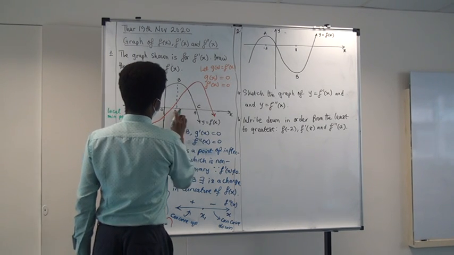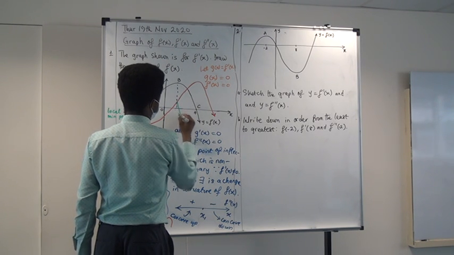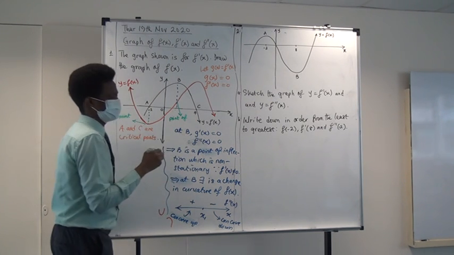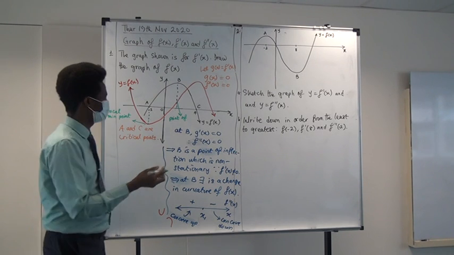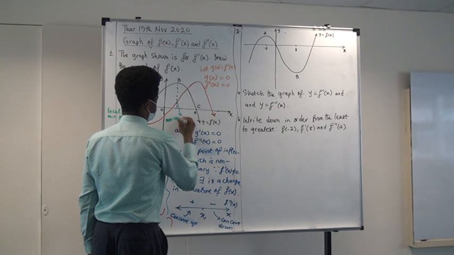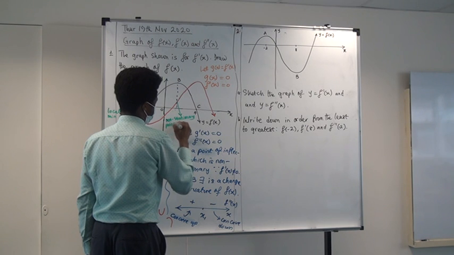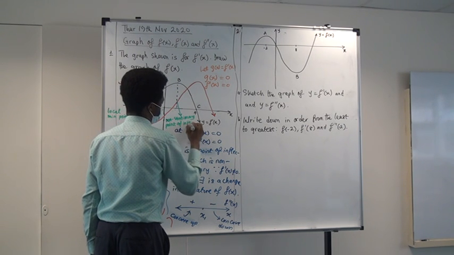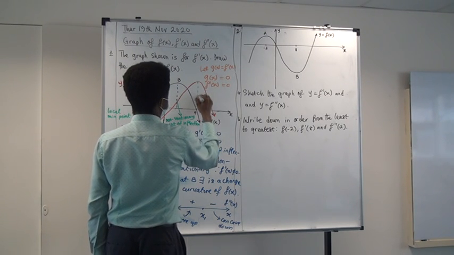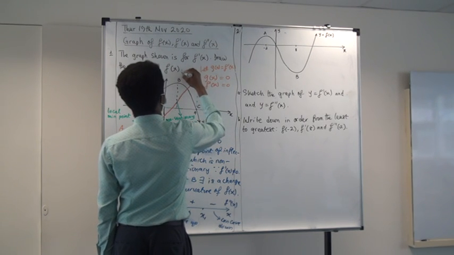Okay, so you label here also point of inflection, non-stationary, right? Point of inflection. And here, so you do this, something like that. Allow me to put it here.